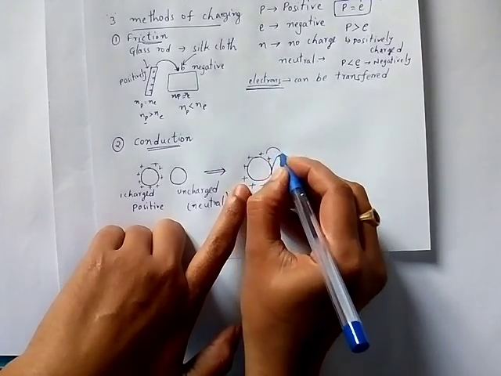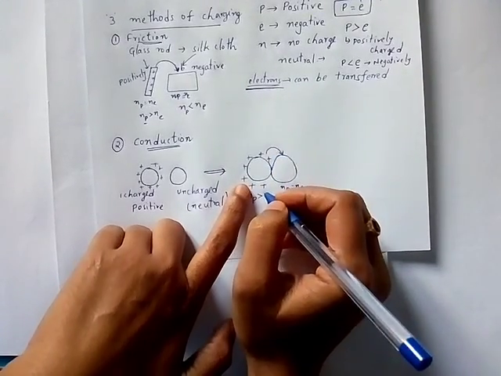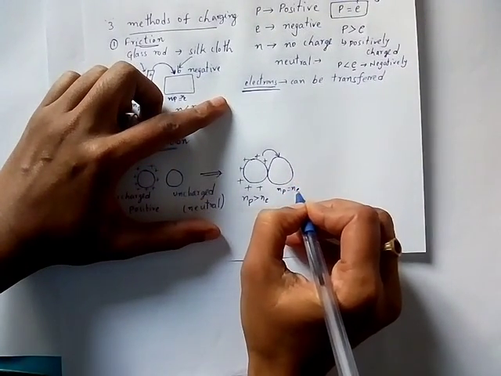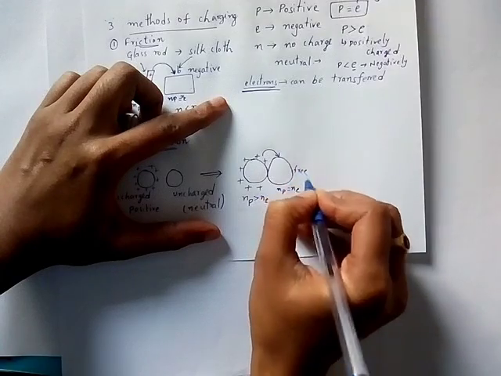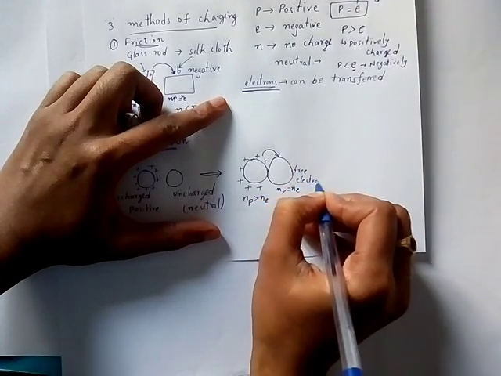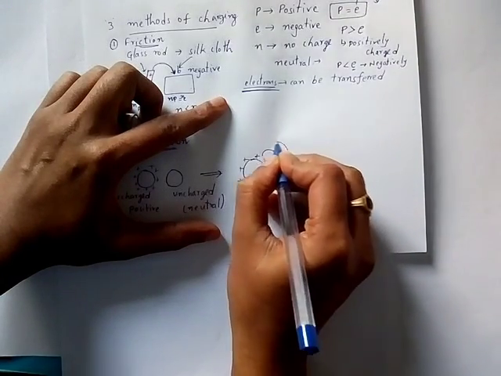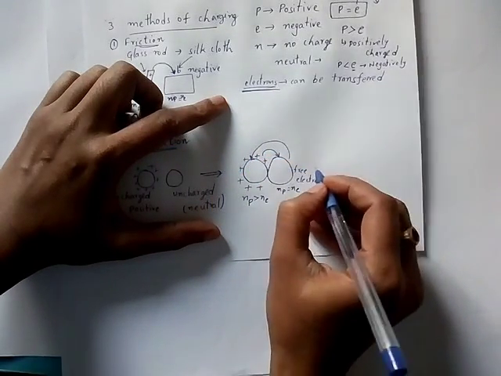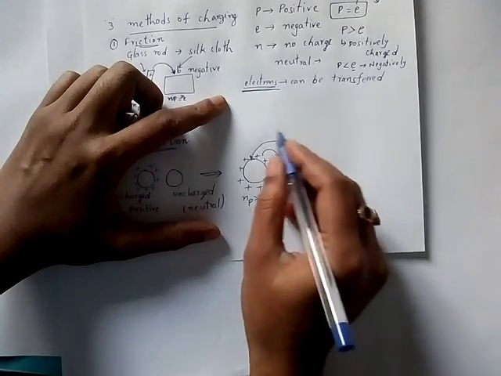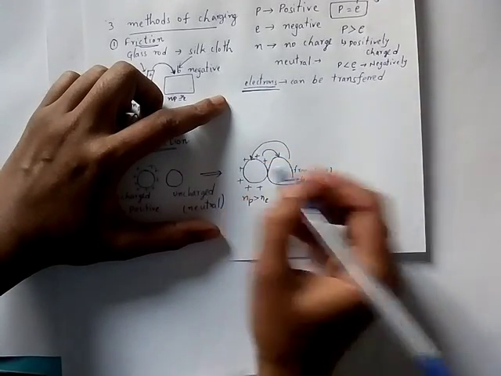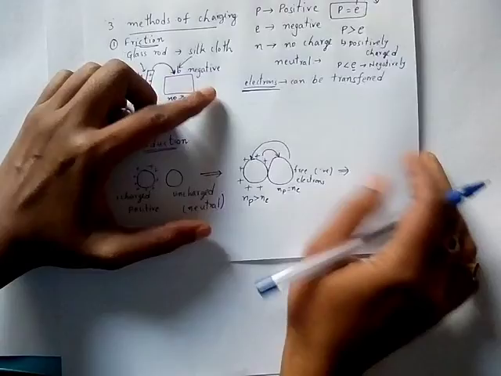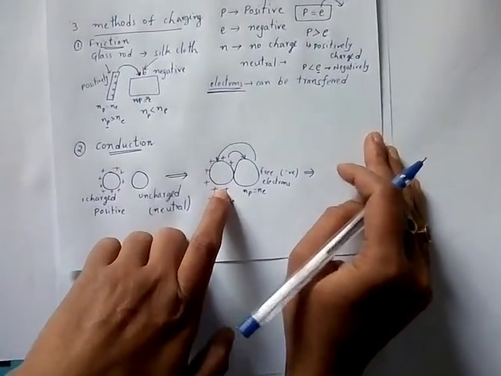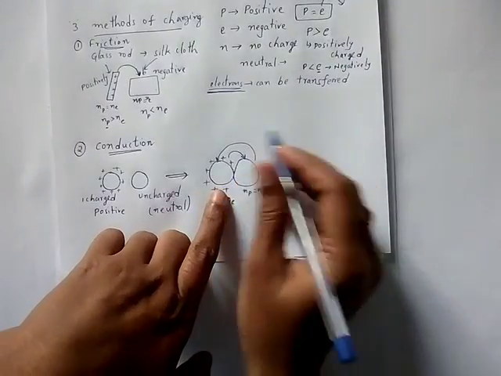This excess charge will be transferred to this. How is it transferring? See, in this sphere you have free electrons. These free electrons will be attracted towards this positive charge, so that the excess protons number will be decreased.